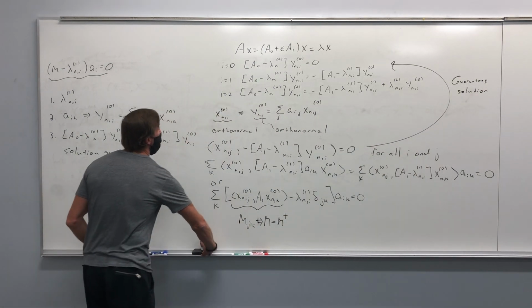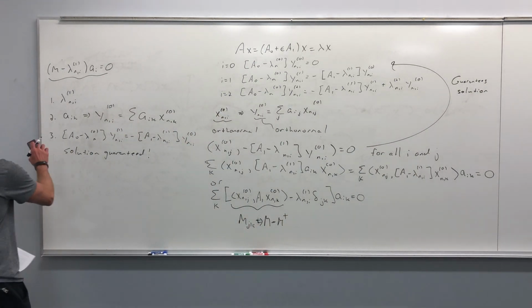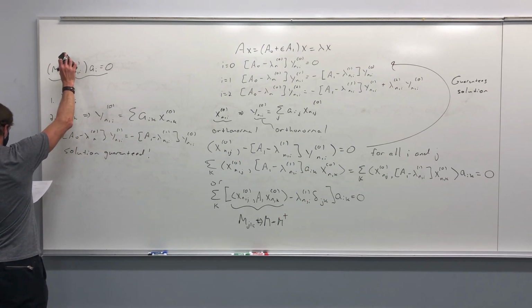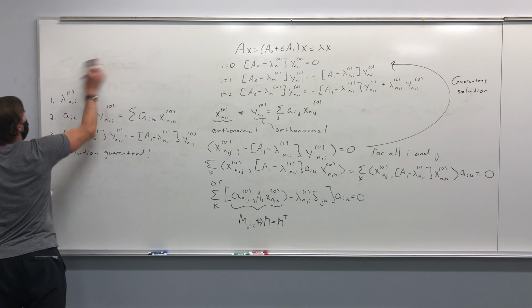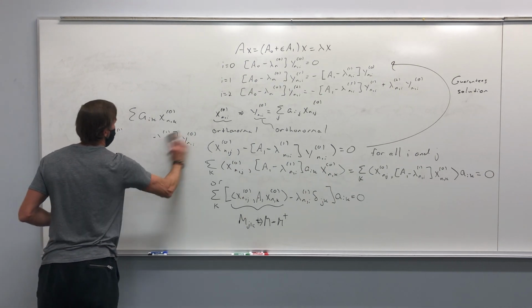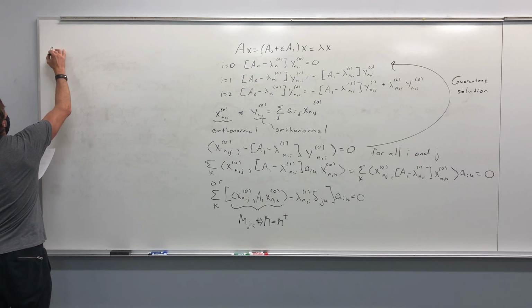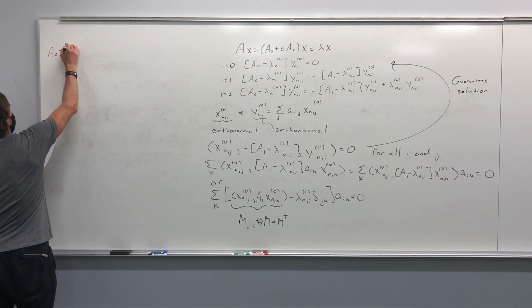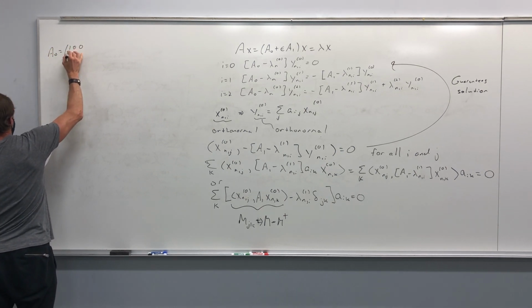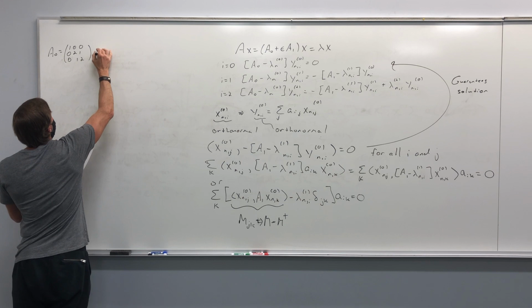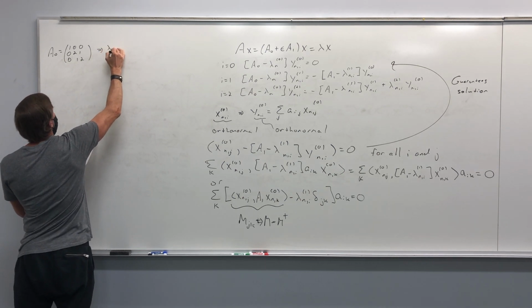I'm going to erase this and hopefully keep that on the board. Okay, here we go. So let's start with A0 equals 1, 0, 0, 0, 2, 1, 0, 1, 2, which I can immediately tell you has the following eigenvalues.